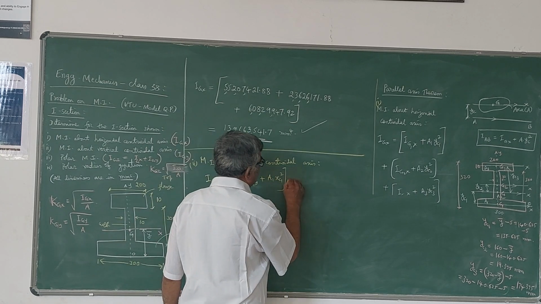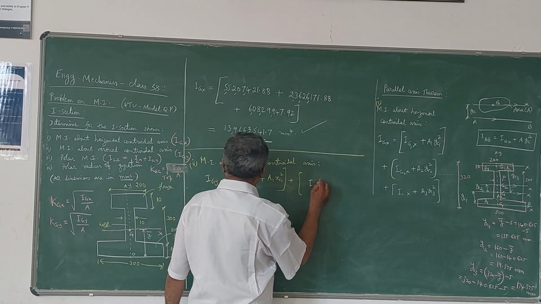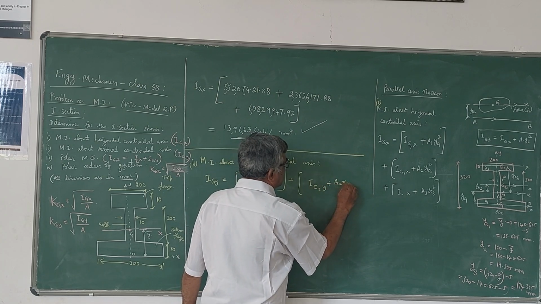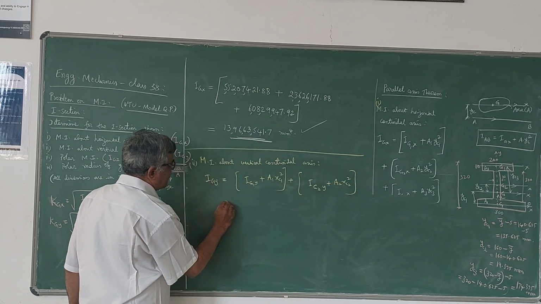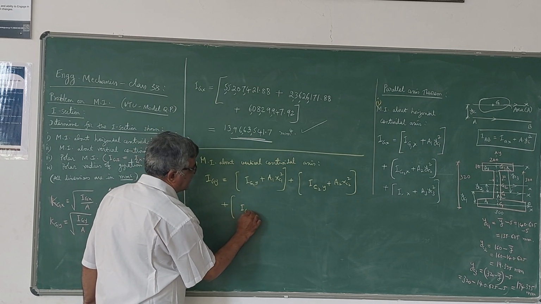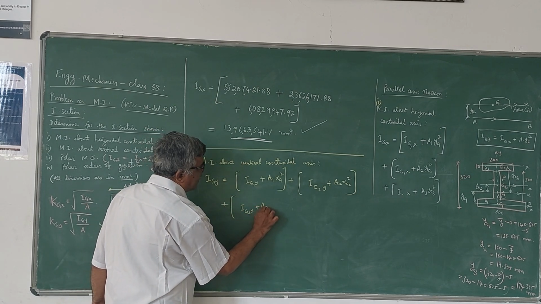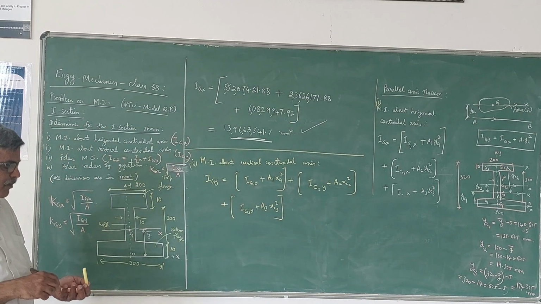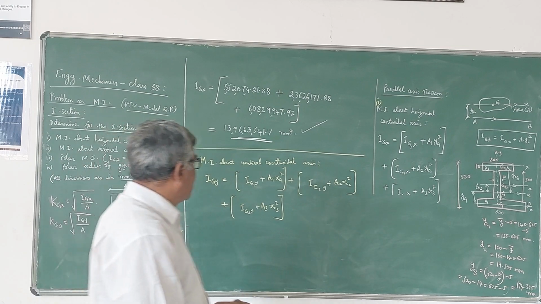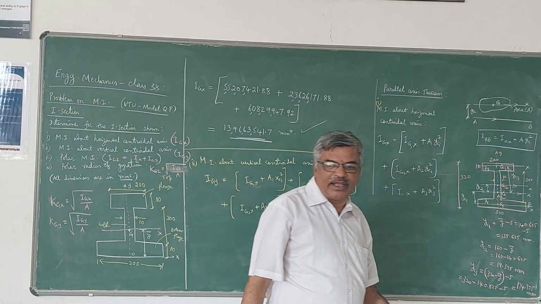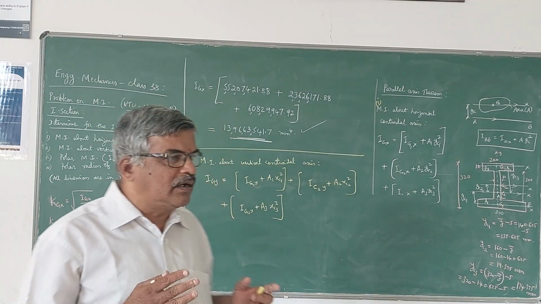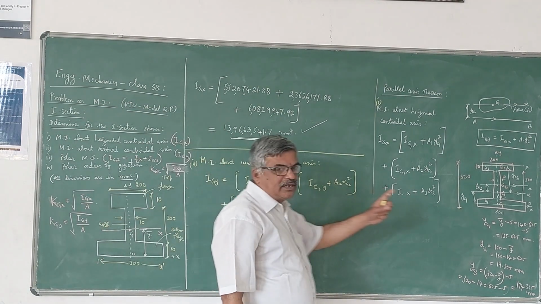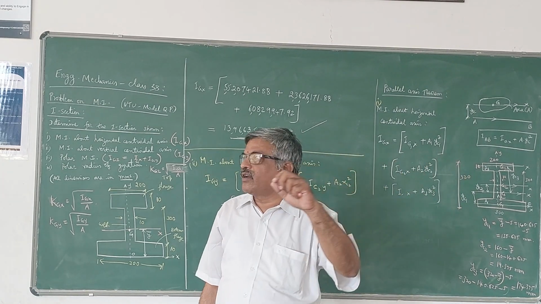So A1 into xe1 square plus for second rectangle IG2y plus A2 into xe2 square plus for the third rectangle IG3y plus A3 into xe3 square. Now here one important thing you can observe, xe1, xe2, xe3, they are all horizontal distances of these centroids G1, G2, G3 from the centroid G.